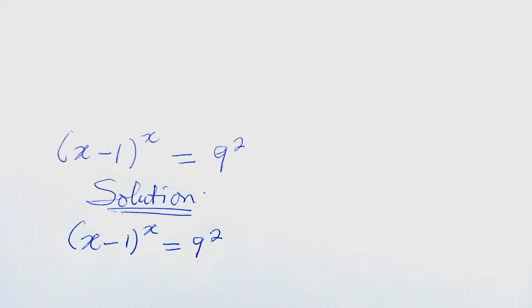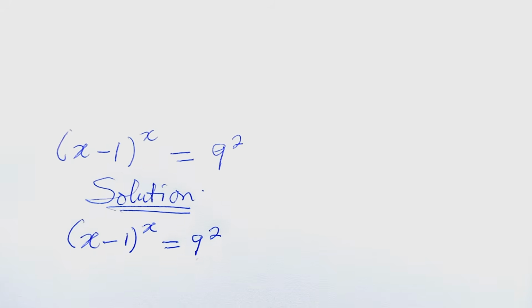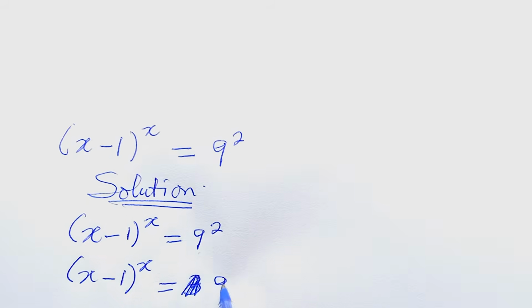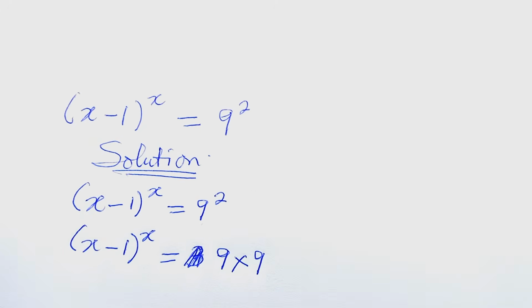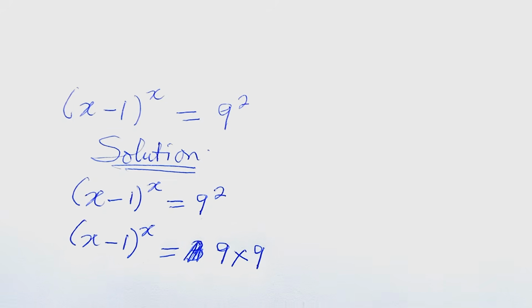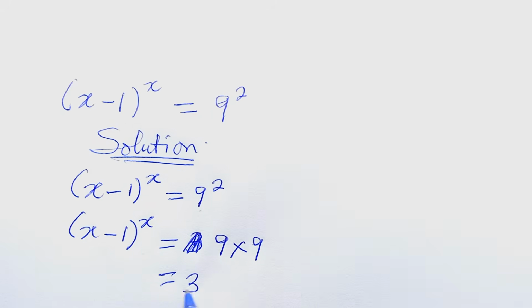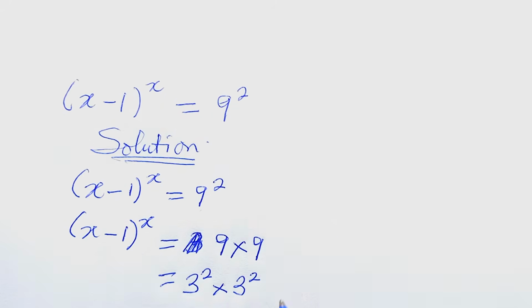Let's go ahead and rewrite the left hand side of the equation. We have bracket open x minus 1 close bracket all raised to the power of x, equal to 9 times 9. Now we break 9 to its simplest form, which is 3 to the power of 2. So we end up with 3 to the power of 2 times 3 to the power of 2.